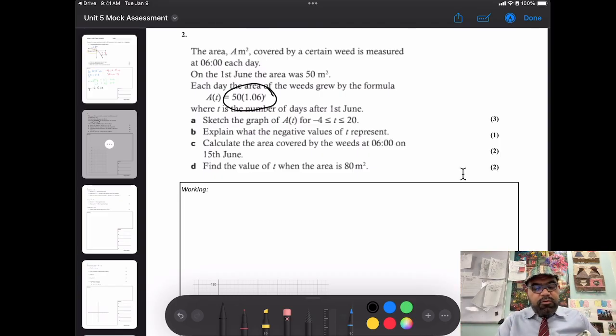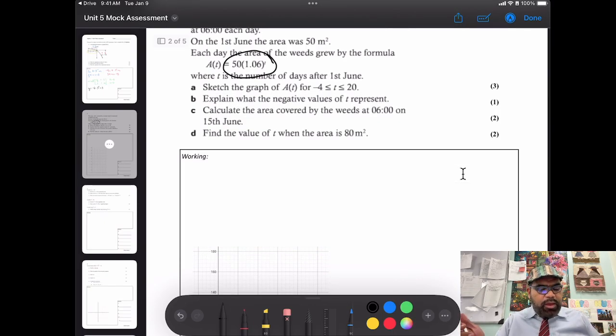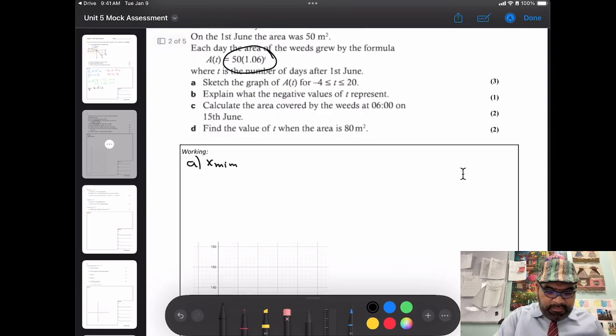After that, you go window, okay? After you type your graph in Y1, you go window, and let's solve A here. X minimum, what is the X minimum here? Negative 4. What is the X maximum here? 20.